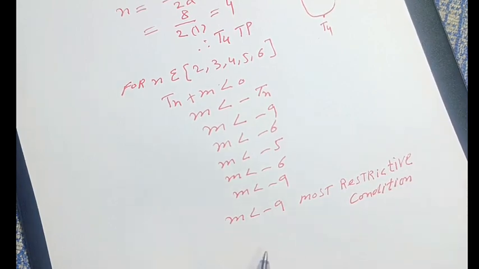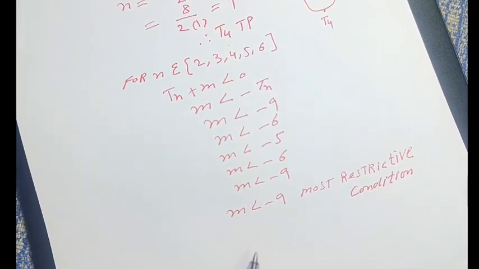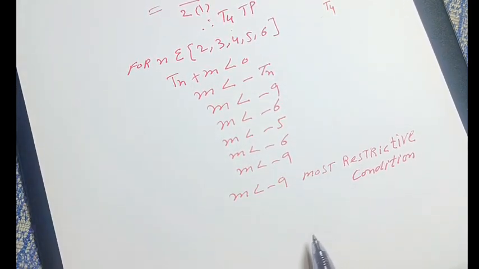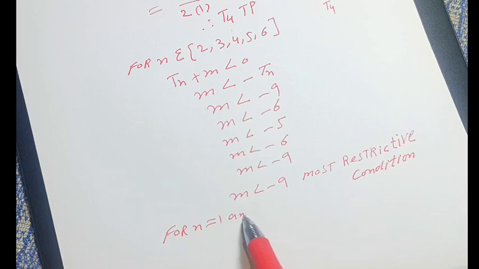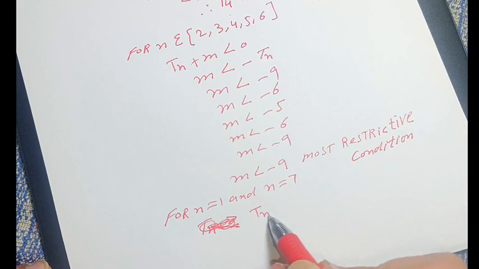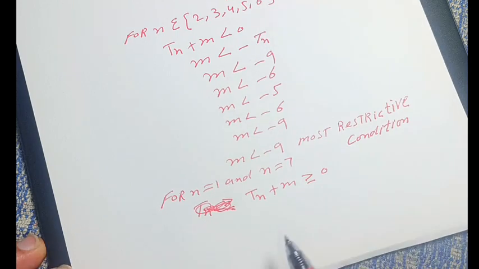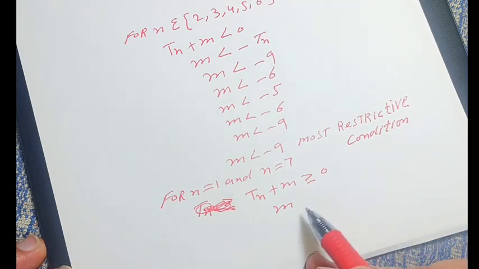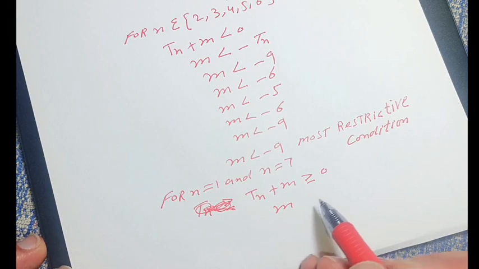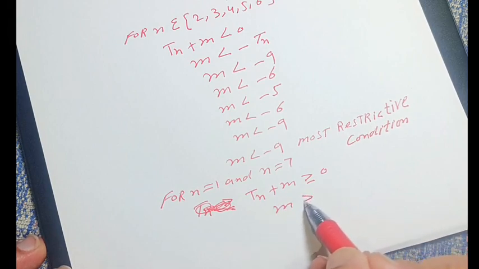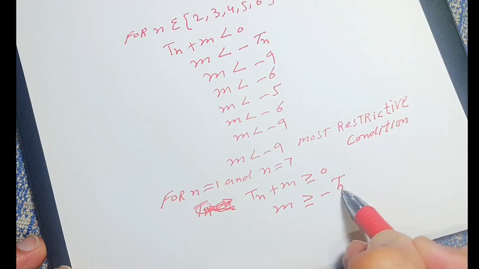Now for n equal to 1 and n equal to 7, Tn plus m must be greater than or equal to 0. So again we're going to solve for m here. This Tn, when it comes to this side, becomes negative Tn.